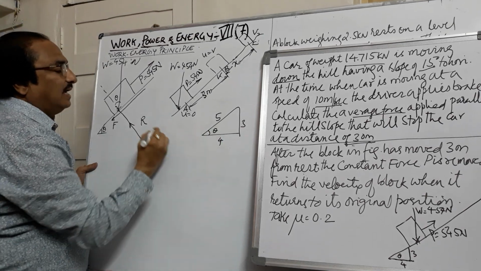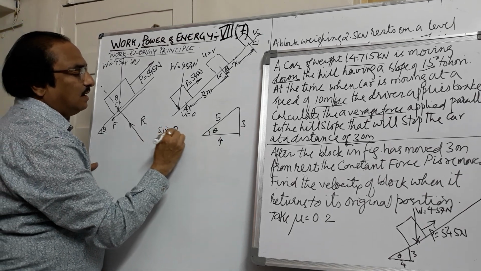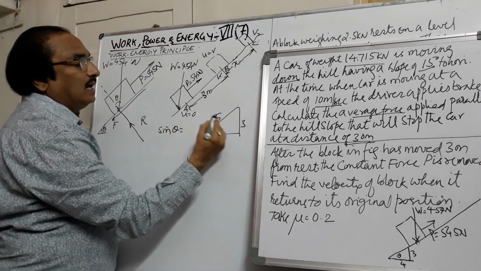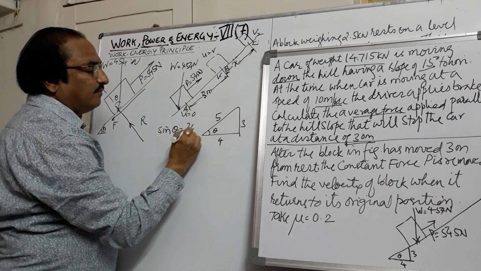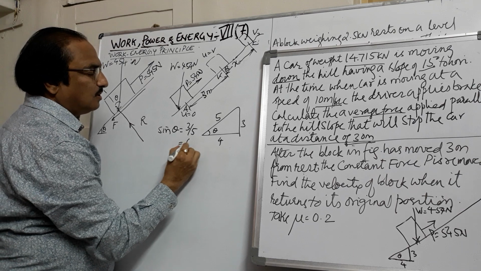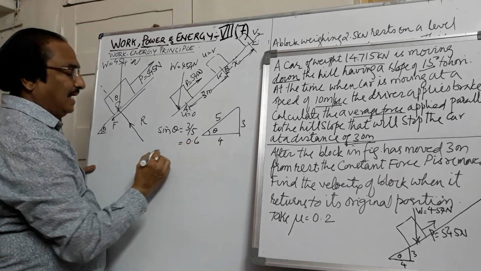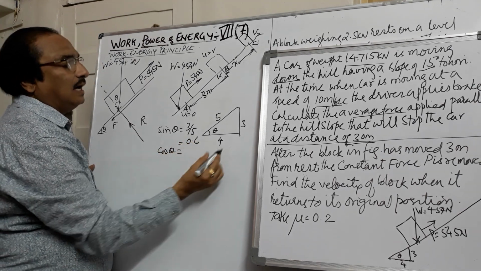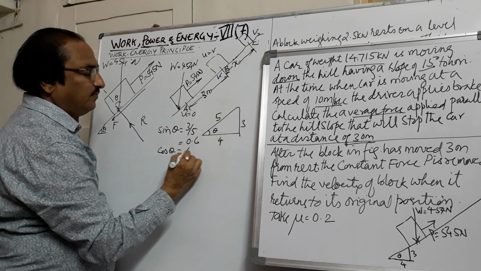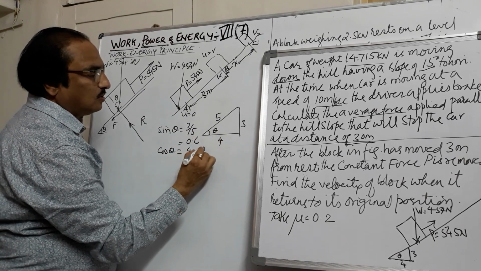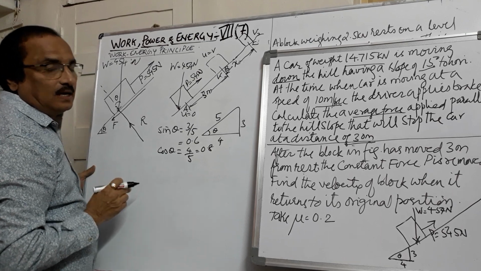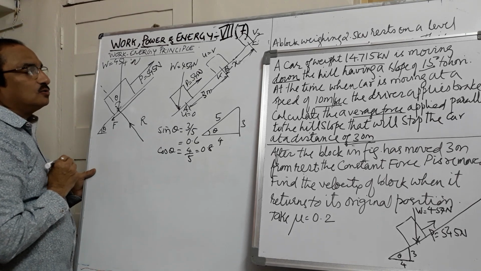So sin theta is opposite by hypotenuse, 3 by 5, which is equal to 0.6. And cos theta is adjacent by hypotenuse, 4 by 5, which is equal to 0.8. Let us use these values in the resolution of forces.